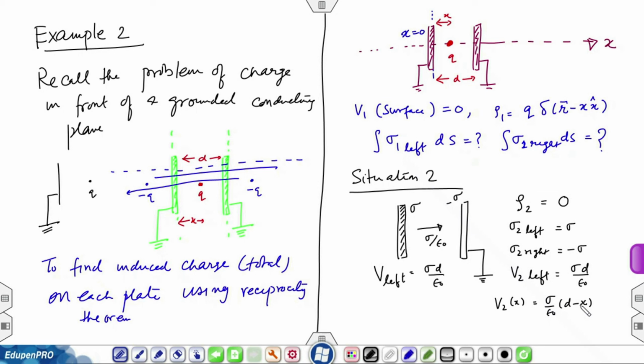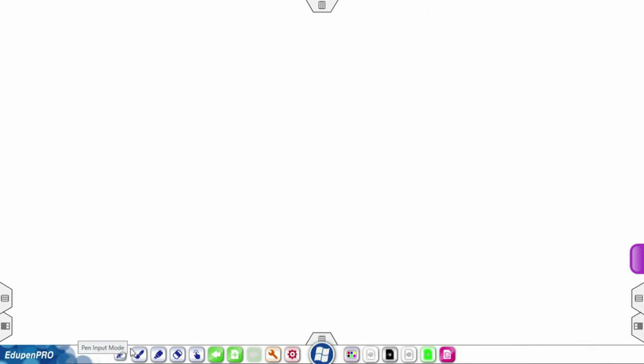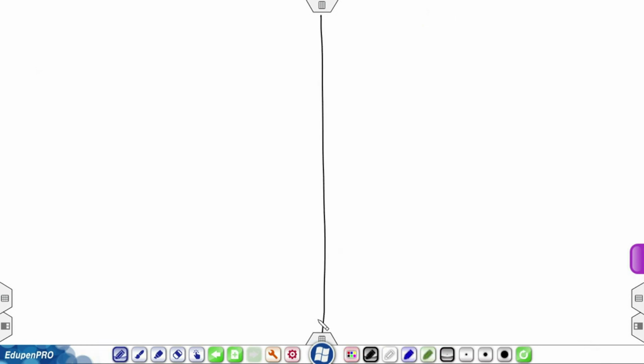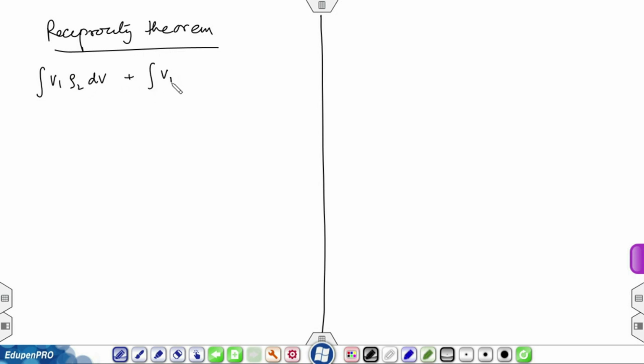Let us apply reciprocity theorem. Which says integration V1 rho 2 dV plus V1 sigma 2 ds is equal to V2 rho 1 dV plus V2 sigma 1 ds, where sigma 1 is what I am going to find out.